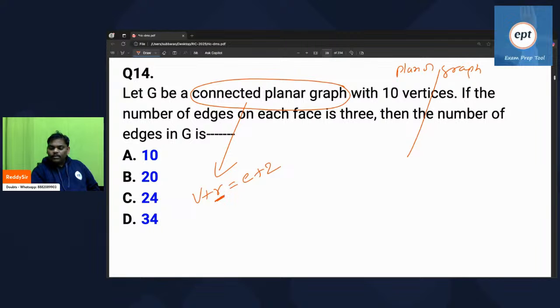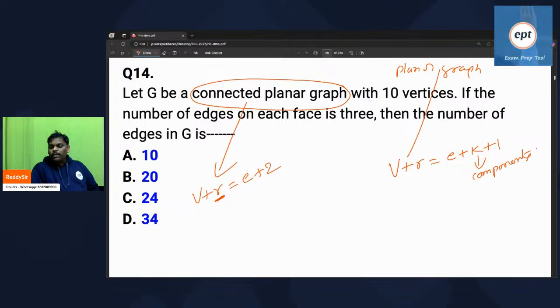So the answer is V plus R is equal to E plus K plus 1, where K is the number of components. That's for a simple planar graph.